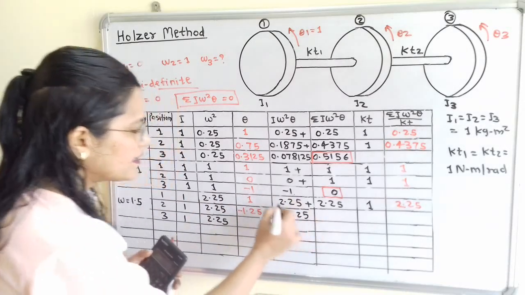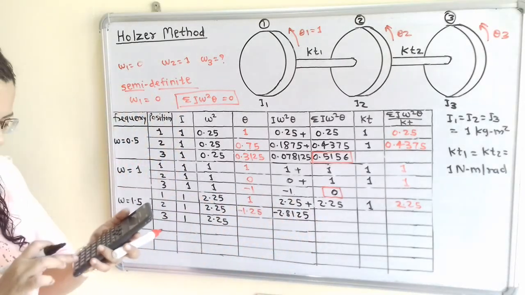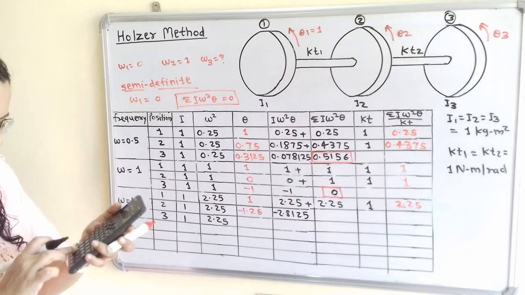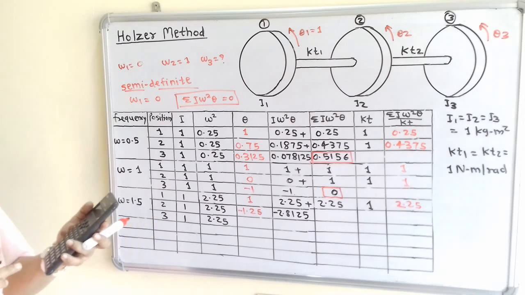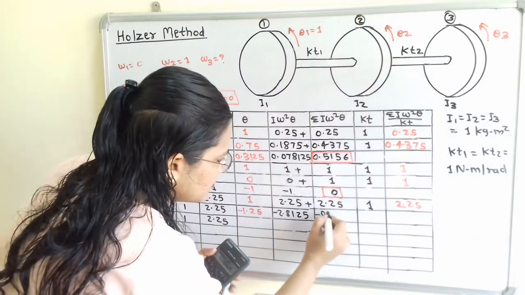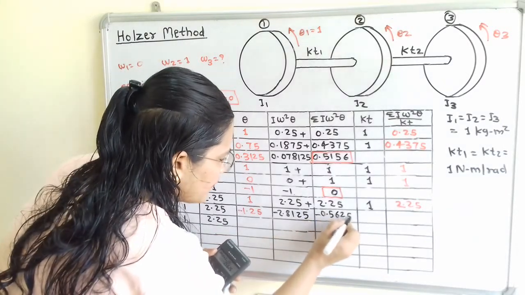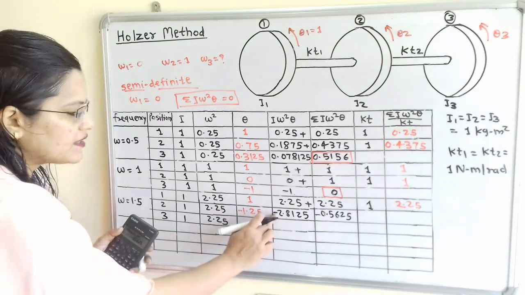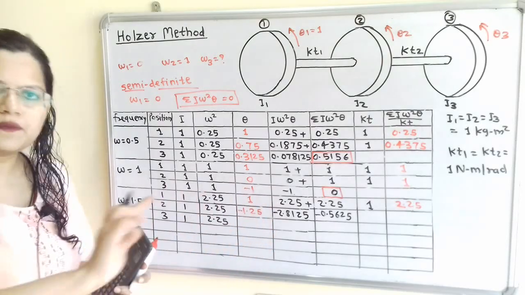Now next is summation of I omega square theta. So we have to add this plus 2.25 plus 2.25. So minus 0.5625. Now it is important, here one sign is minus and this 2.25 is plus sign.